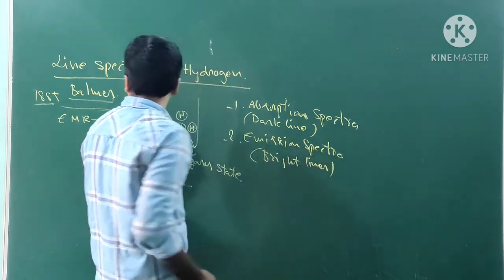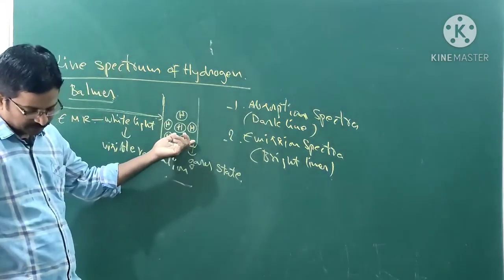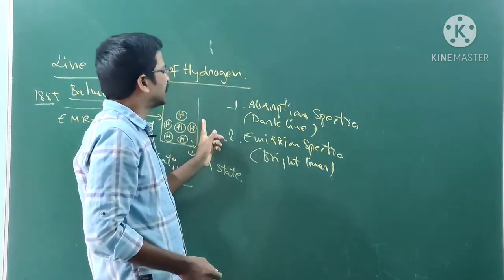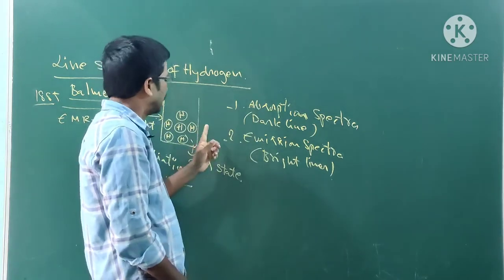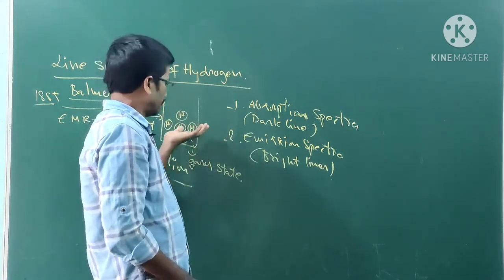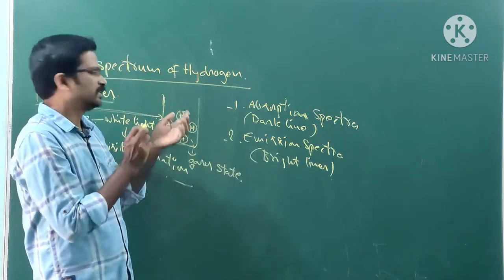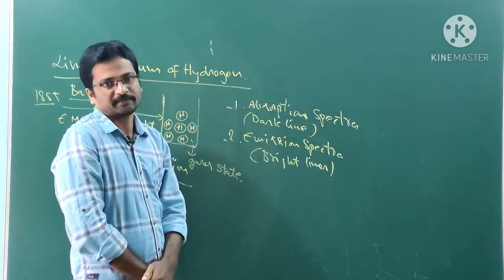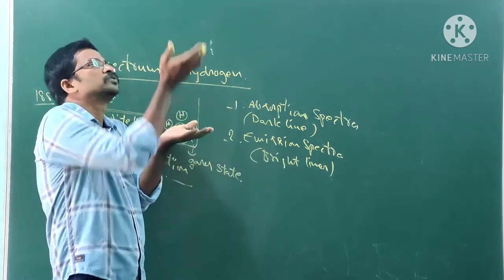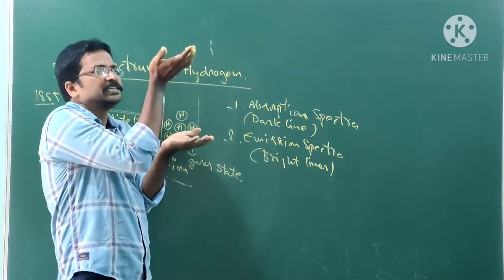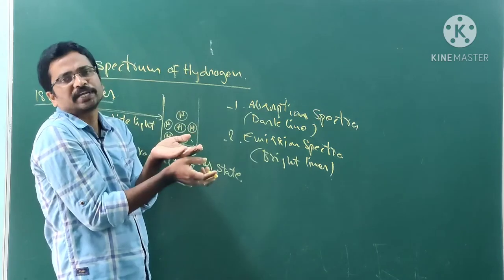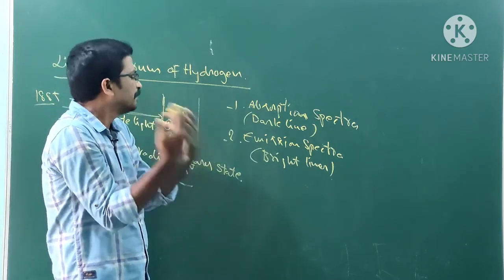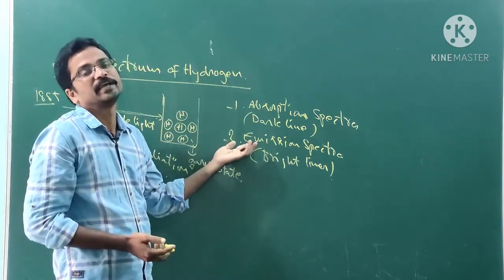Initially atoms absorb the radiation, and then we get the absorption spectra. Whenever an atom goes to a higher energy state, it is unstable, so the electron comes back to the ground state, and then it gives the emission spectra.